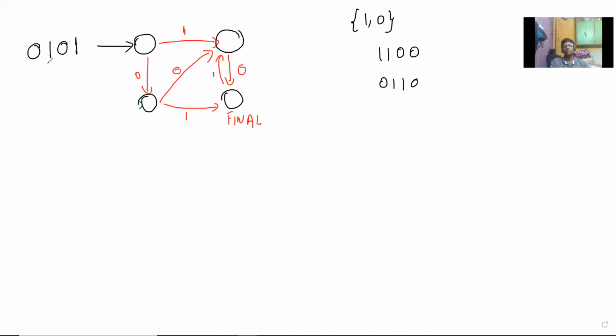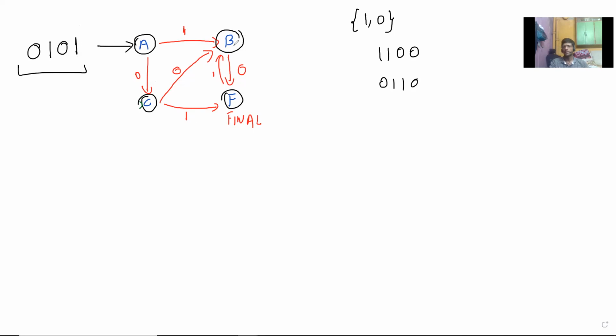What will happen to this word? Can anybody say? Let me also mark the states A, B, C, and this F. Because of the rightmost digit, where do we go?